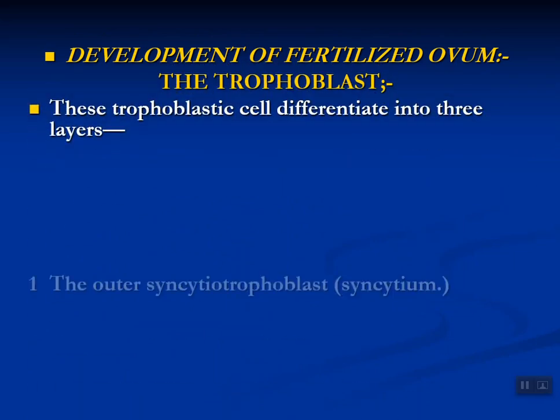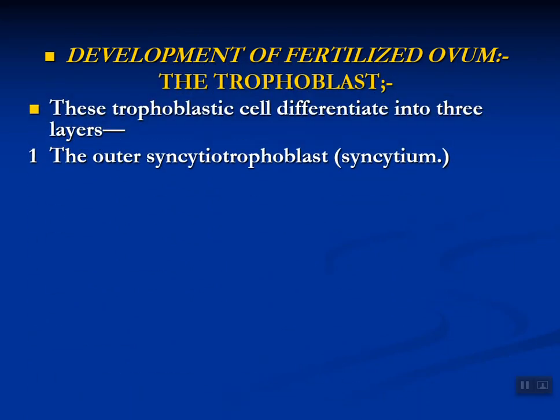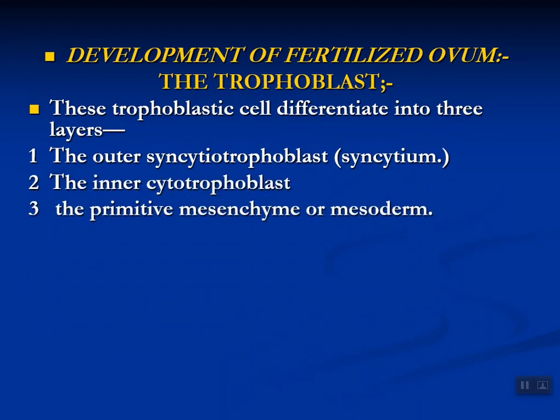Next, development of the fertilized ovum. The trophoblastic cells and embryologic cells. Two differentiated cell types will be there. Embryologic cells will help to develop the embryo or the fetus. And next are trophoblastic cells.